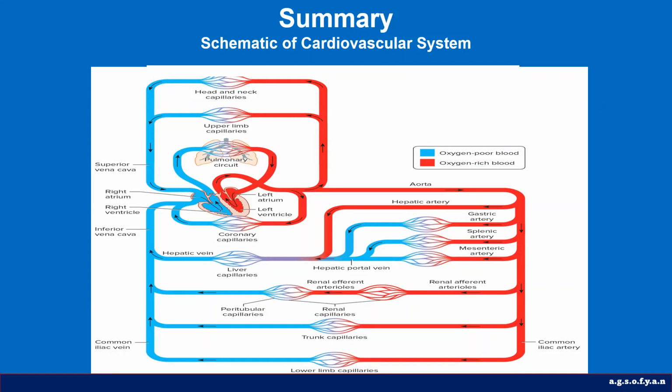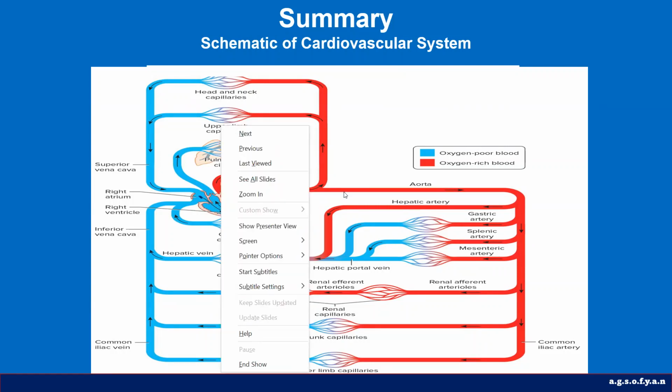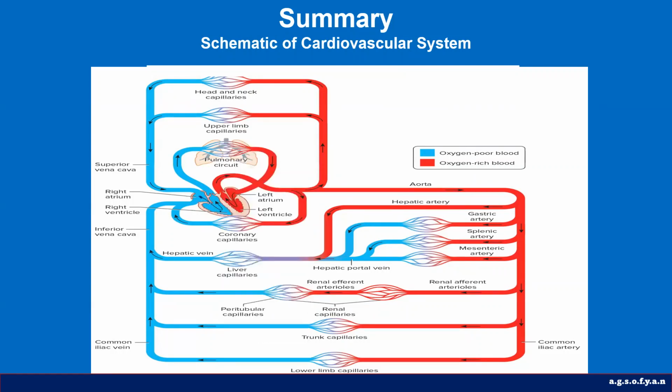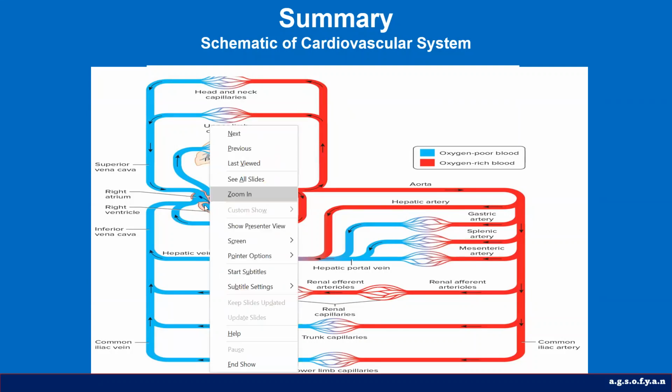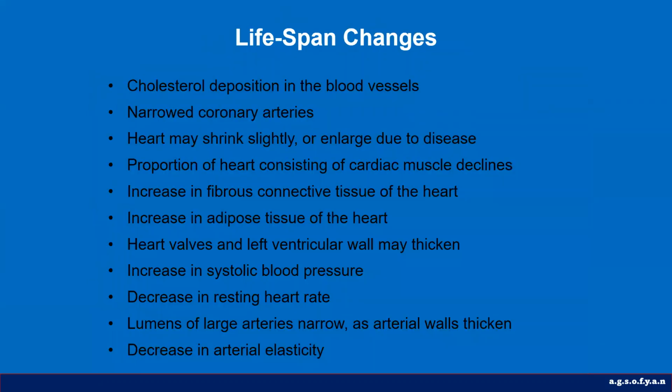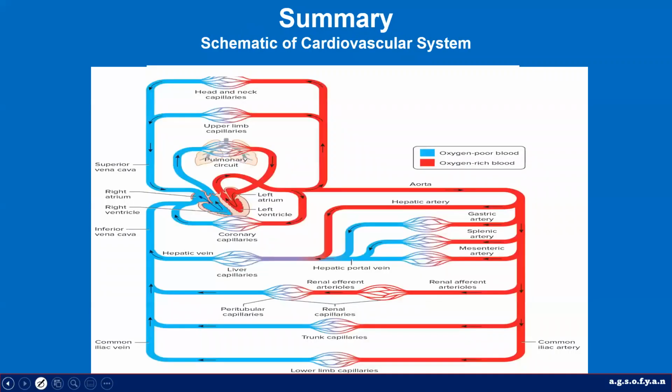So this right ventricle receives the poor blood from the right atrium, right? So the right atrium receives all the poor blood from the whole body going down to the right ventricle, and between the right atrium and right ventricle there will be the tricuspid valve.